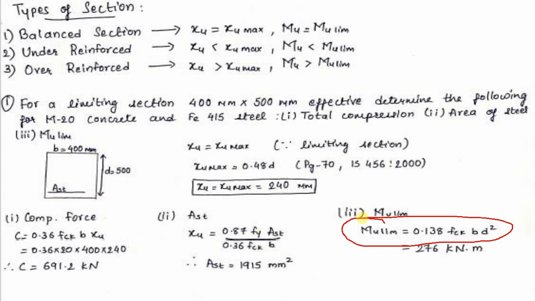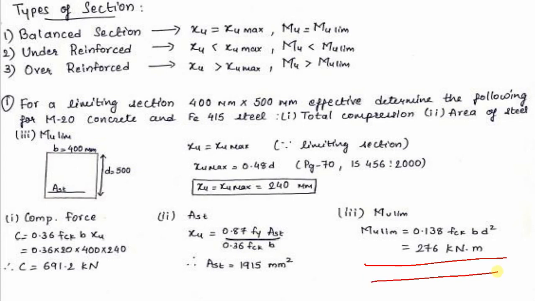Again, this is applicable only if the grade of steel is Fe415. Substituting everything in this equation, the final answer that we get is 276 kilonewton meter, or you will be getting the answer as 276 into 10 raised to 6, but the unit will be Newton mm. Converting Newton mm into kilonewton meter, the answer becomes 276 kilonewton meter.